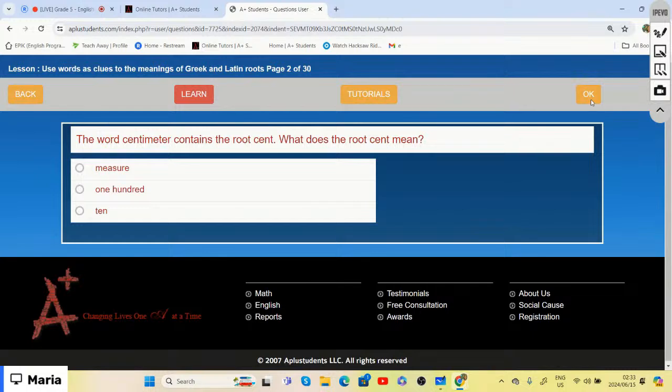So the word centimeter contains the root cent, right? So what does the root cent mean? Does it mean measure? Does it mean 100? Or does it mean 10?